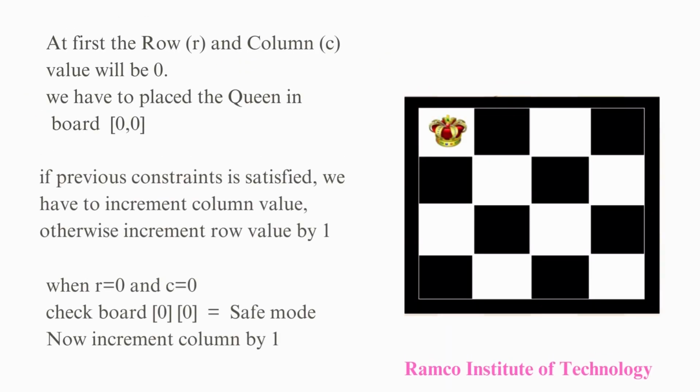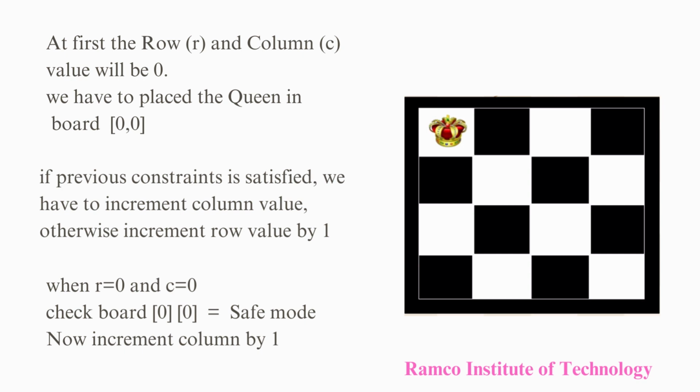Next we are going to see how the 4 cross 4 queens problem is solved. First, we consider a 4 cross 4 chessboard and initially fix the row and column values as 0. So we place the queen at board 0 and 0, as shown in the figure.